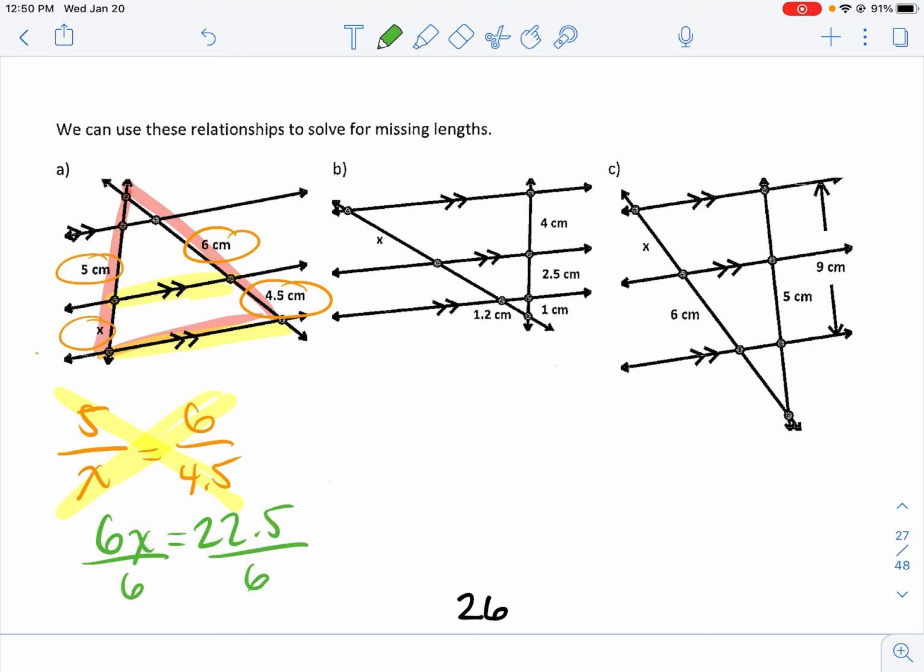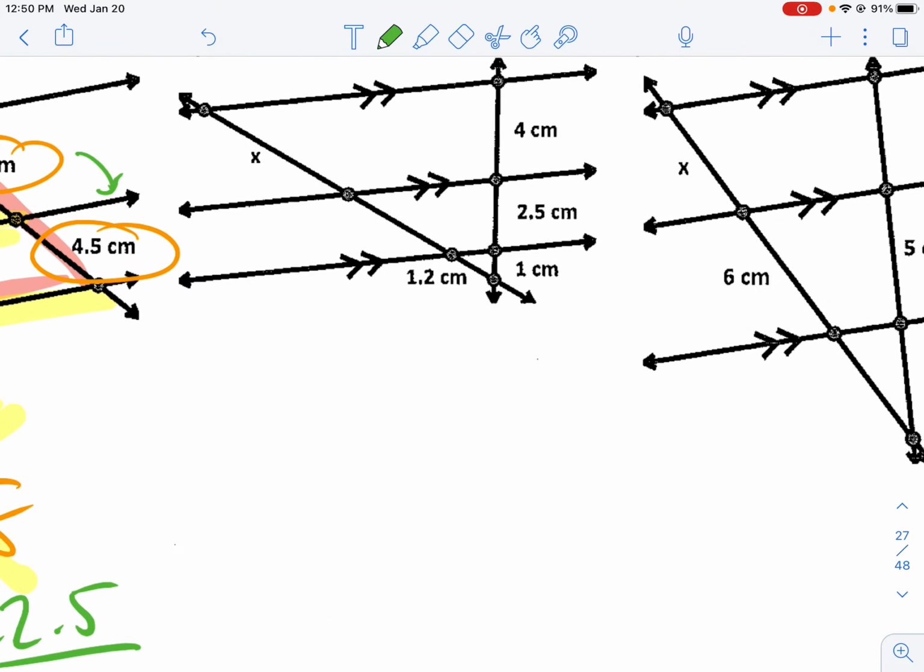Divide by 6. 3.75. Again, make sure that makes sense. We have 3.75 here. If I look here to here, these are going down, so that does make sense.